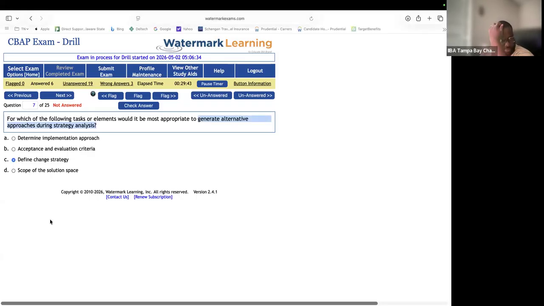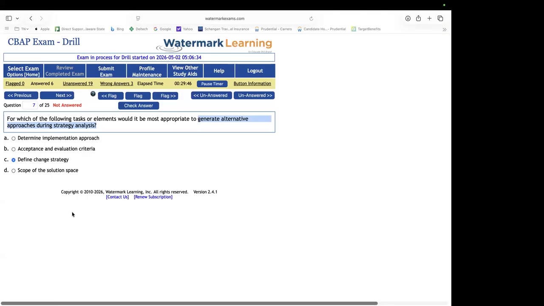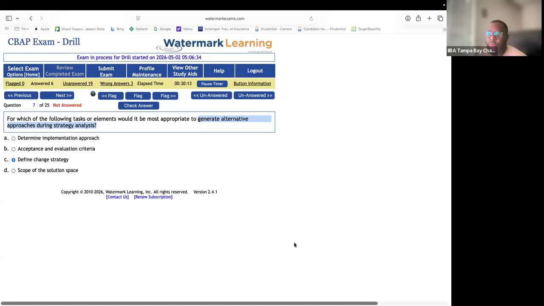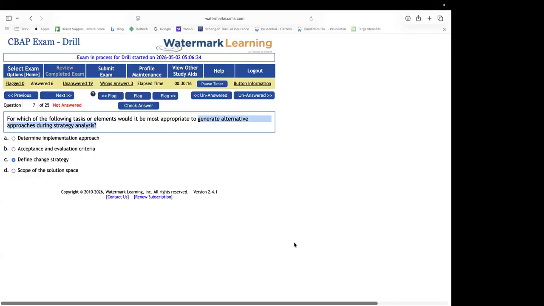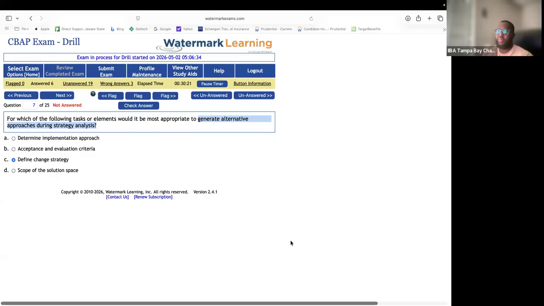It's the task within strategy analysis where we need to define which approach will be the best one to follow. Acceptance and evaluation criteria, I will eliminate. Scope of solution space, also eliminate, and implementation approach. Okay, I would be a little bit in doubt, but at the end of the day, I would go with define change strategy. Any other opinion?